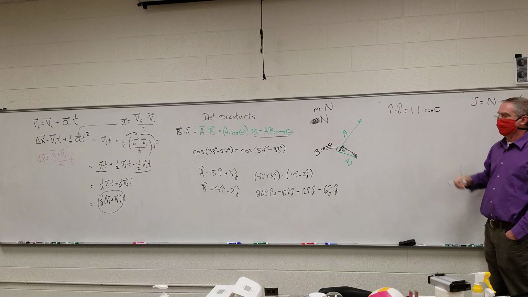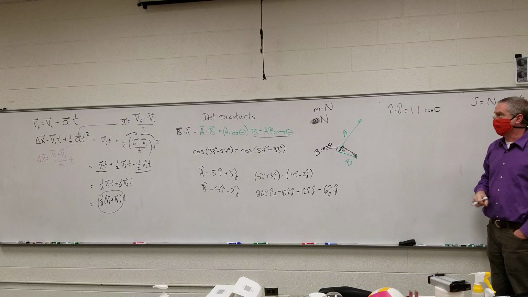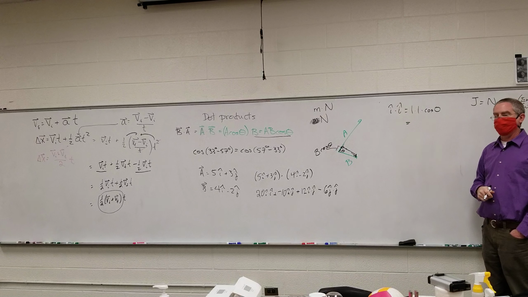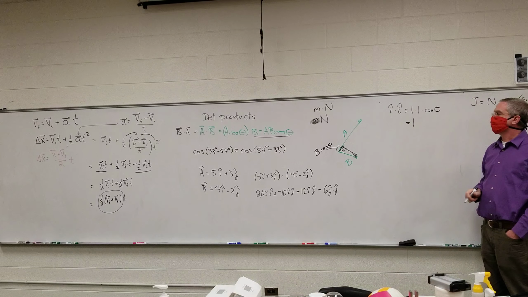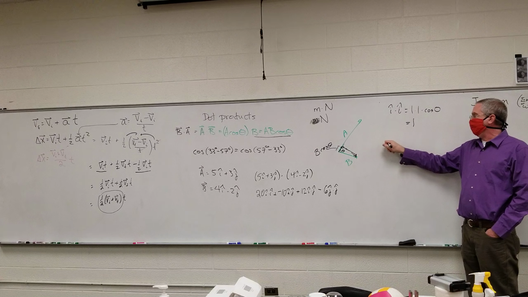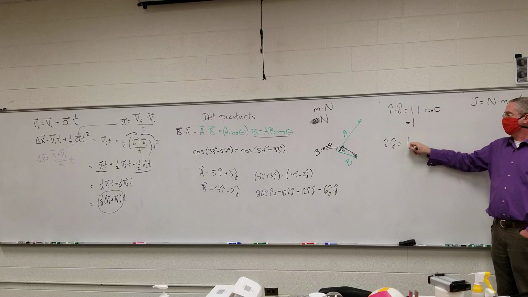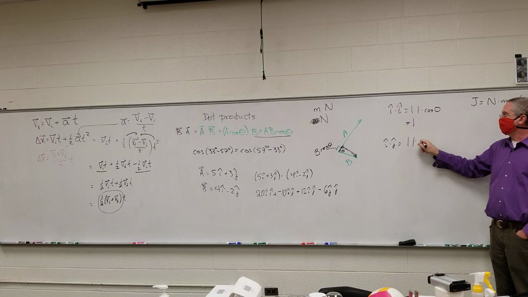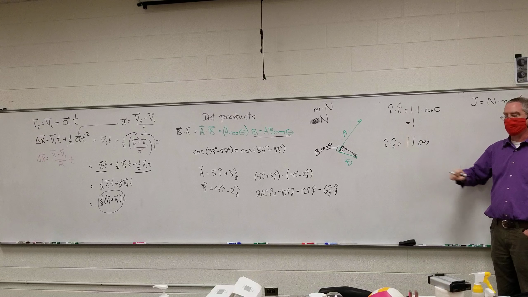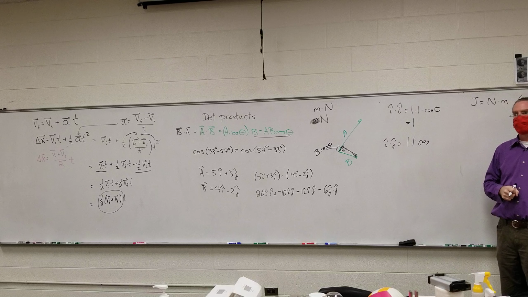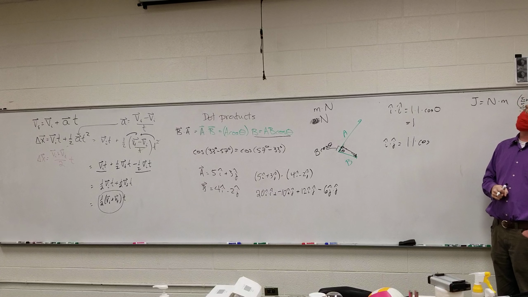Degrees or radians, whichever way you like. And what does that equal to? 1. Now, i hat dot j hat. I have 1 times 1 times the cosine of, what's the angle between i hat and j hat? 0. Ooh, 90. Somebody said it. 90. I need units this time. 90 degrees.